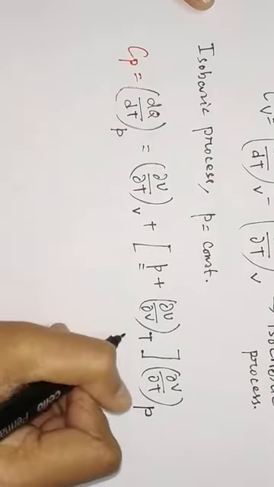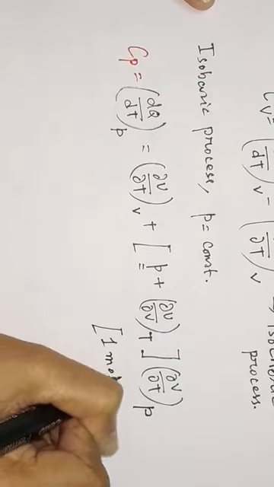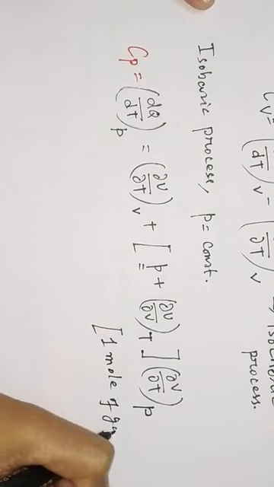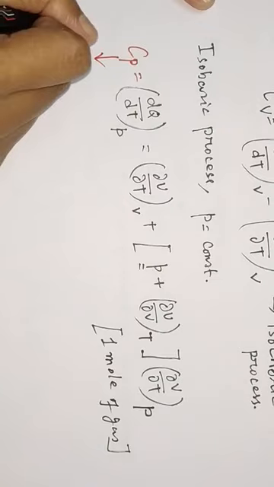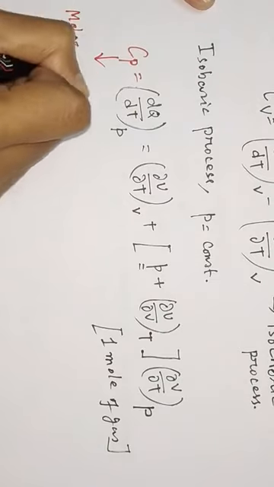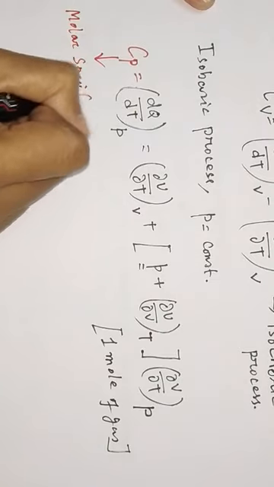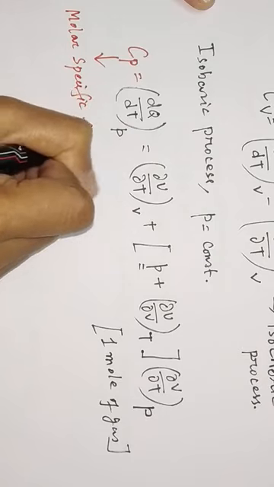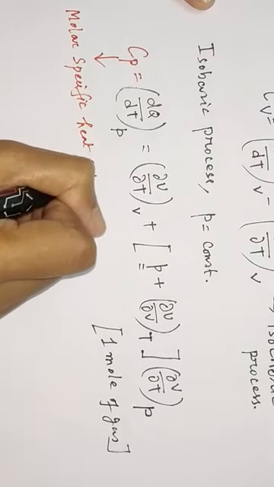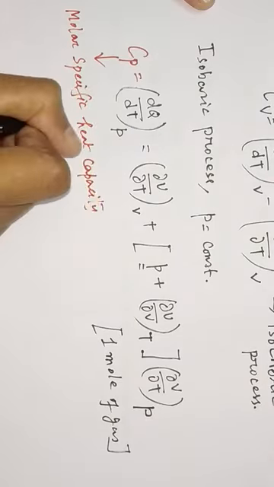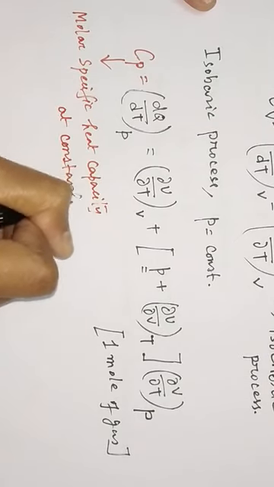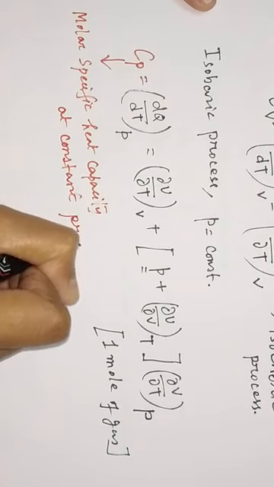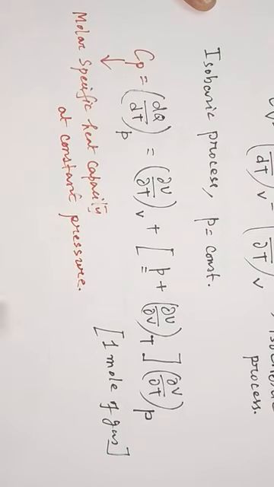Now this is again for 1 mole of gas, so this is the molar specific heat capacity at constant pressure.